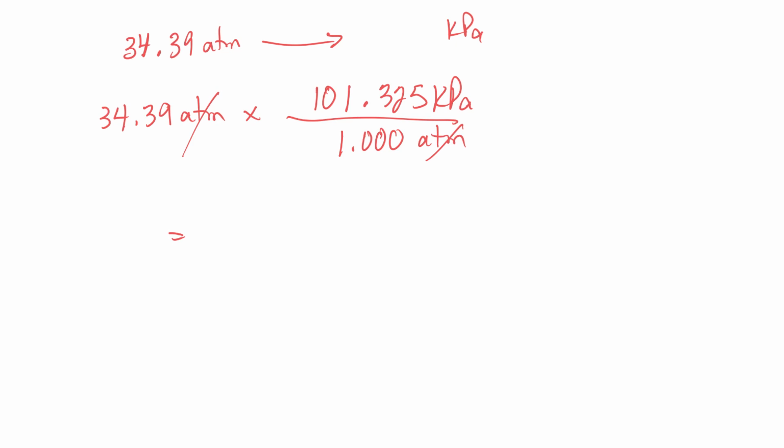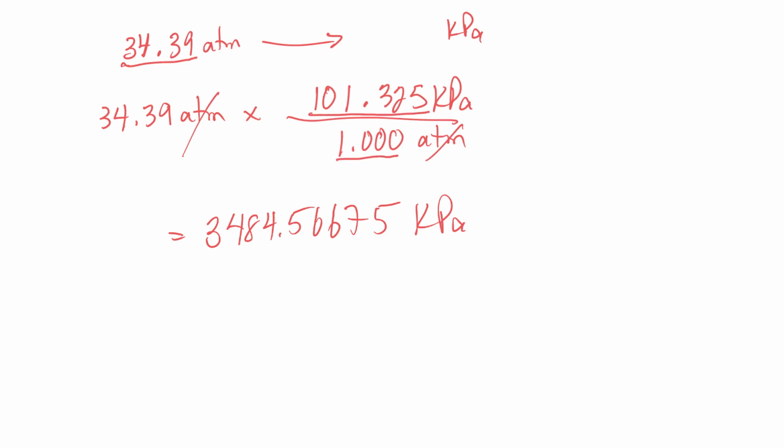Okay, so that comes out to 3,484.56675 kilopascals. Number looks good. Here I've got 4 sig figs to start with. In my conversion units, I've got 6, and 4. So my lowest is 4, so I have to go to 4 sig figs. So this would be 3,485 kilopascals. You can write it like that.